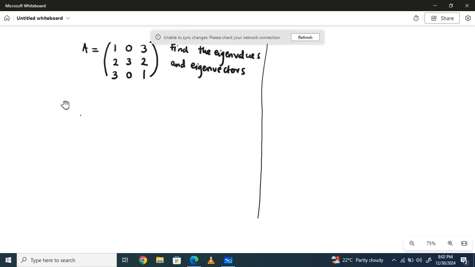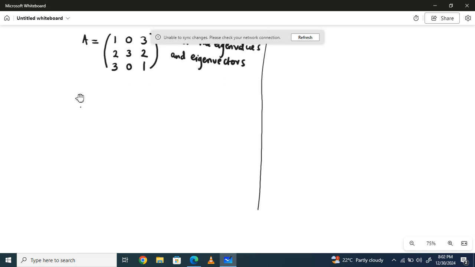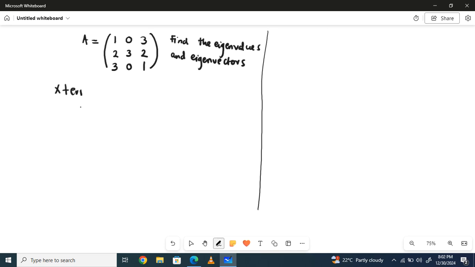The first thing will be to get the characteristic polynomial, and after getting the characteristic polynomial we will get the characteristic equation. So we have, let's write here in short, characteristic polynomial. We will have the determinant of lambda I minus A equals P, which is our characteristic polynomial.